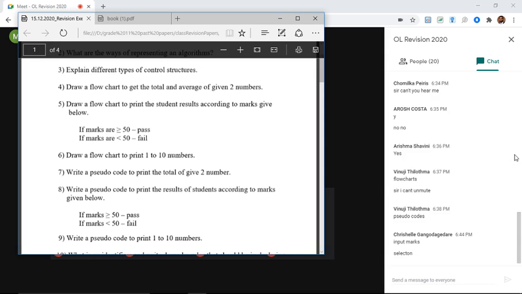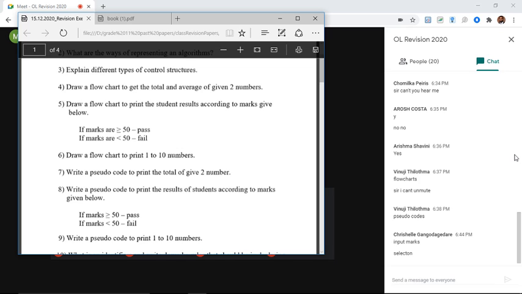Selection. This is selection. Is that so? No, that is not selection. They are asking to draw a flow chart to get the total and average of the given two numbers.